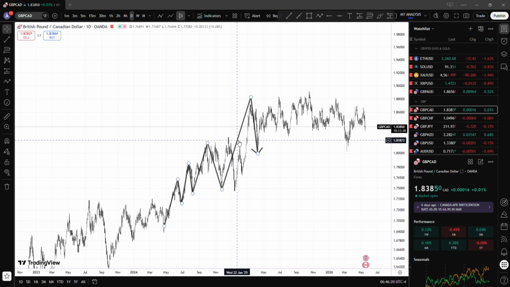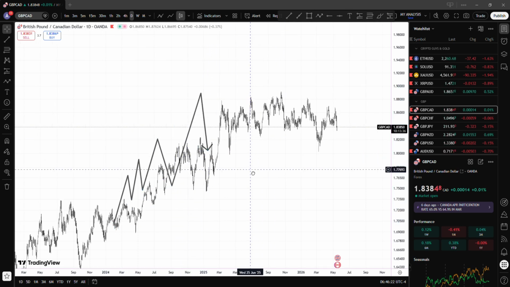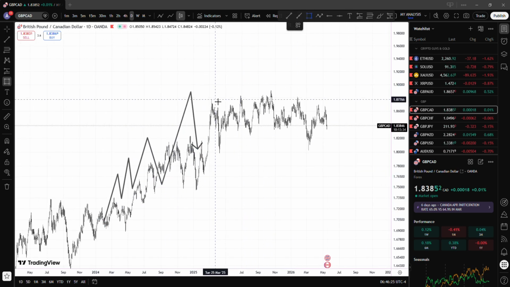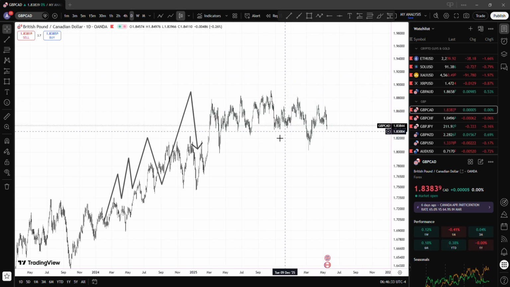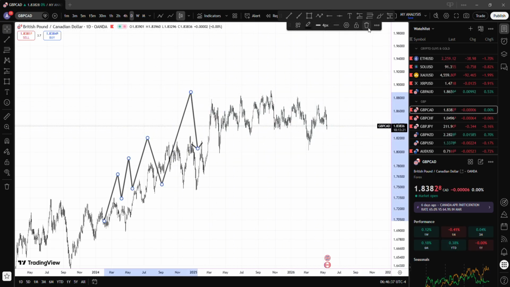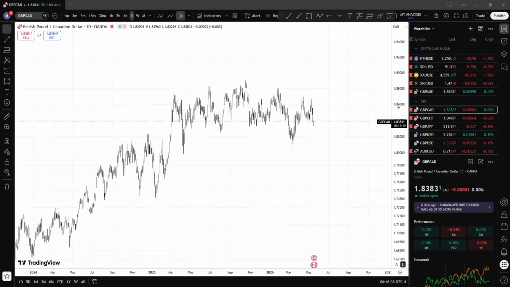It means this pair has been trending up for some time, although I can see a ranging market here. However, if we go down to a smaller time frame, I think we'll be able to make sense out of this part. All right, let's start marking out.